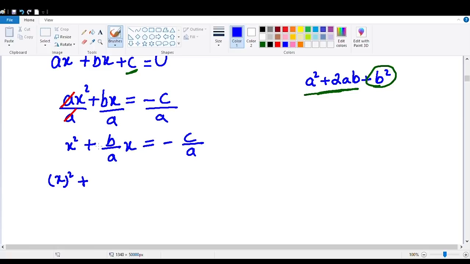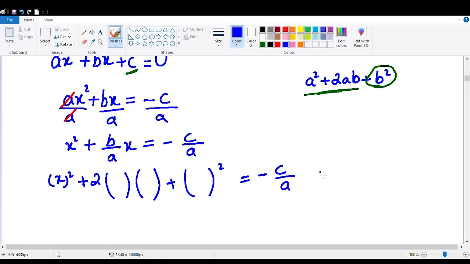If there was a minus, then we would write minus over here, but there's a plus. Now according to the formula, there's a 2, so we're writing a 2, and this a, plus, basically it's always plus, b squared equals minus c over a plus whatever b squared is, because we want to hold the equality, don't we?